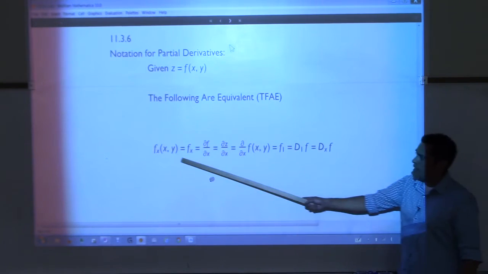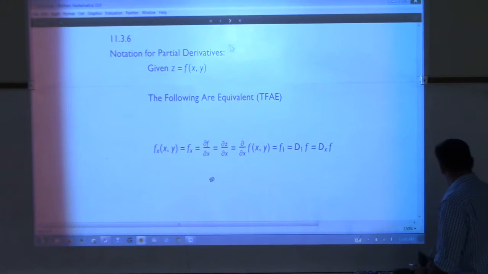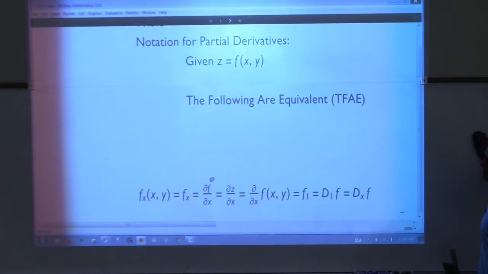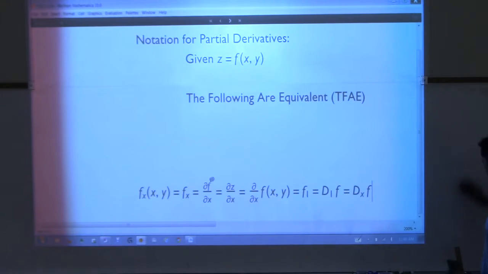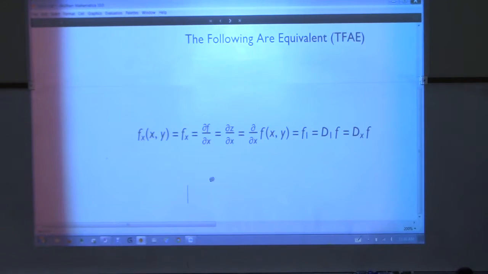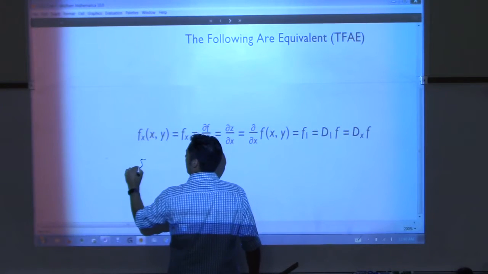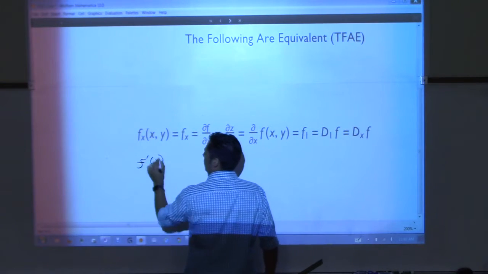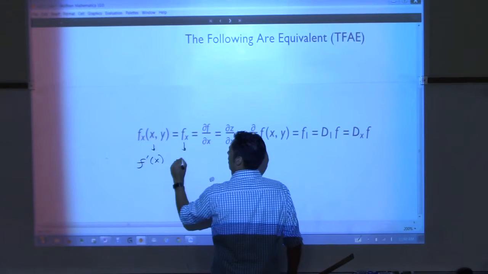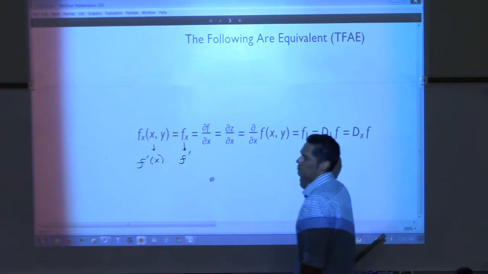So this is the notation I gave you, right? Partial of f with respect to x of x, y. But that's the same as me just writing f with a little subscript x. If I'm comparing this to Cal 1, this is kind of like me writing f prime of x.